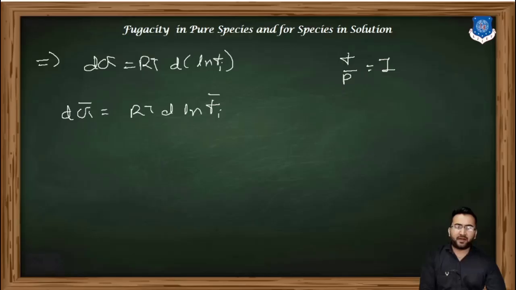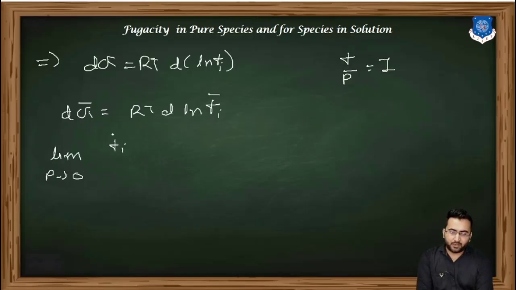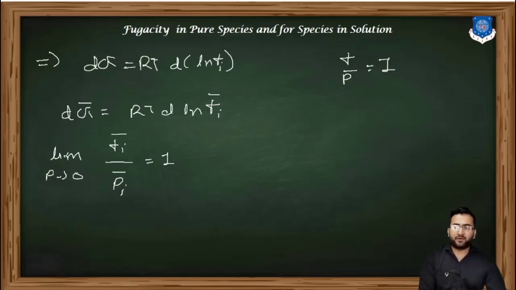Similarly, for component i in solution, as P tends to 0, the partial molar fugacity, or fugacity in solution, upon the partial pressure of component i is equal to 1. So this is how we can represent the fugacity in solution, where Fi bar is the fugacity of component i in solution and Pi is the partial pressure of component i.